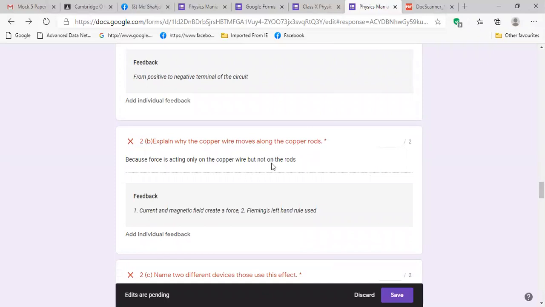They did not ask you which one is moving and which one is not. They only asked why the copper wire moves. You just tell why it's moving. So mention clearly that current and magnetic field create a force. I'm giving you 1 mark.